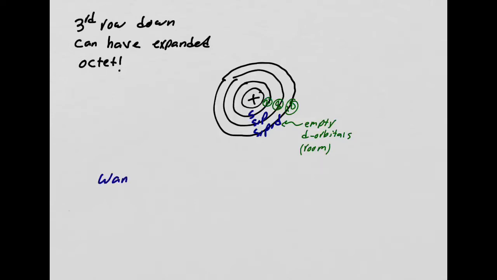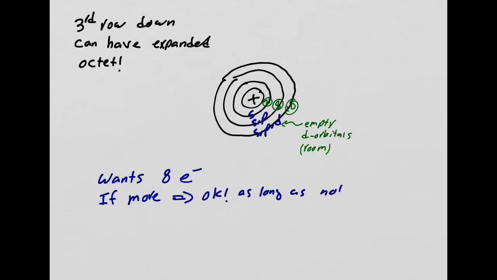Everyone wants to have 8 valence electrons. But if you end up having more than 8, that is okay, as long as you're not on the first or second row of the periodic table.